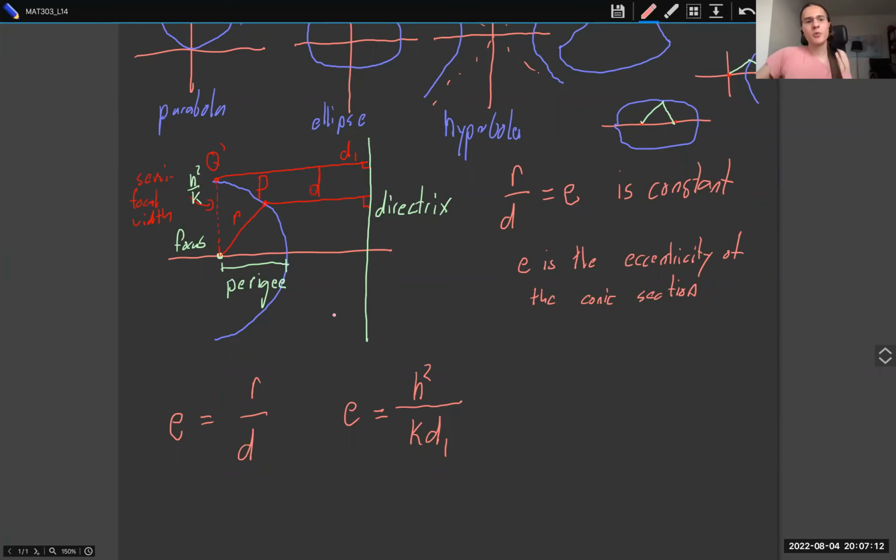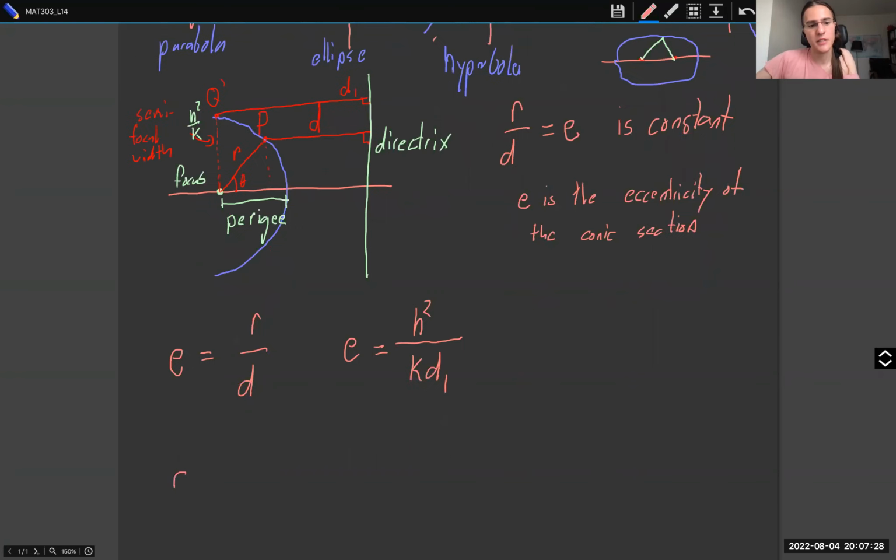But we can also see from the figure that suppose that this angle is theta. Then what we have is that this is r cos theta. So we also have that d1, which is this distance, is equal to r cos theta plus d at any point on the ellipse, right?